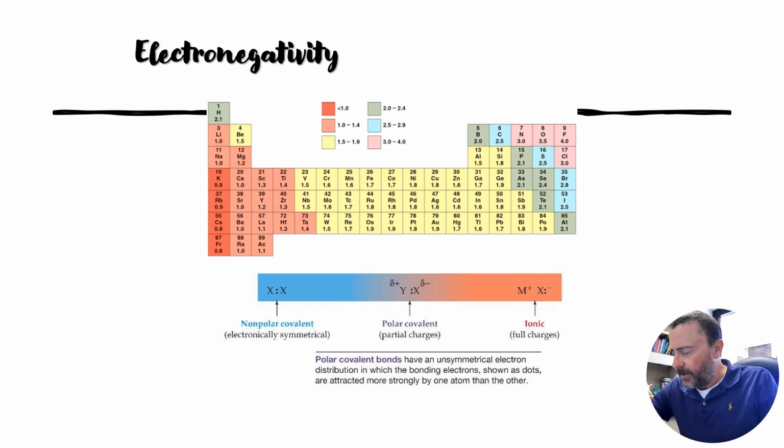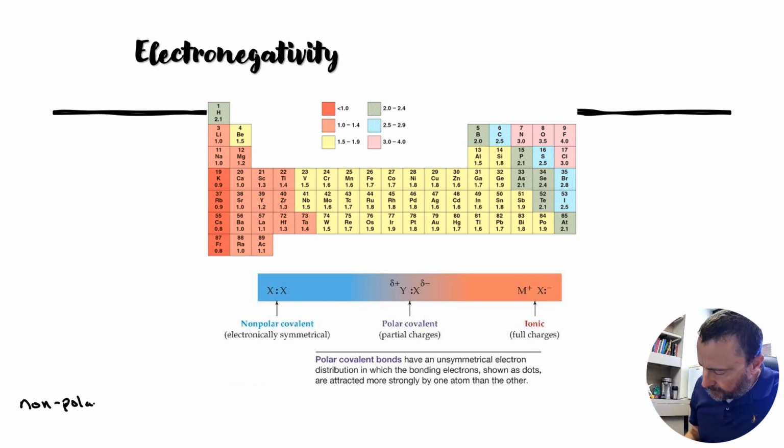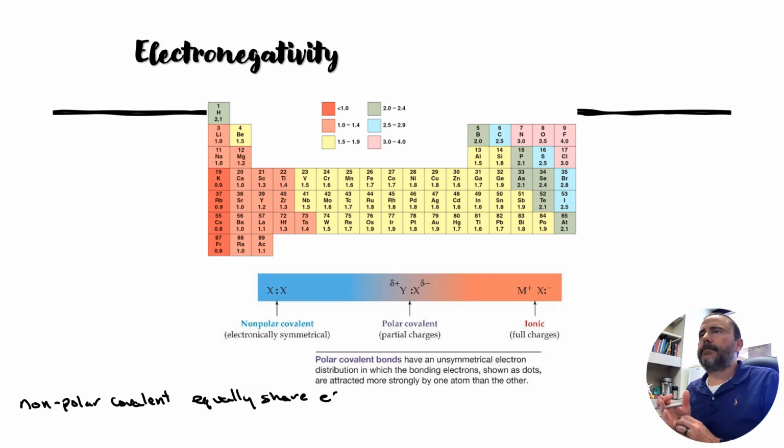All right, and so nonpolar covalent, they're going to equally share electrons. And so that is where the electronegativity difference is between 0 and 0.4.